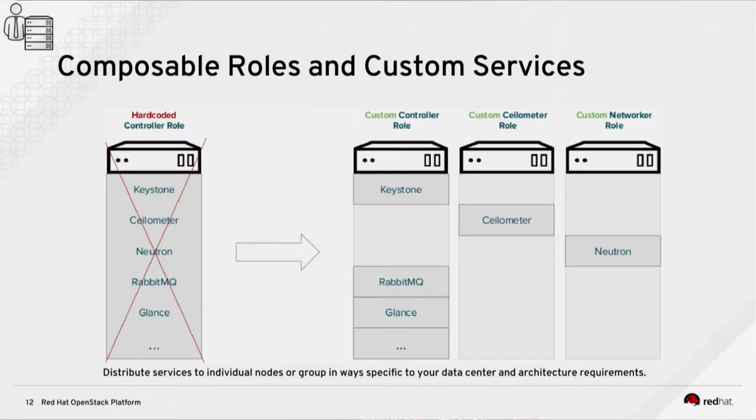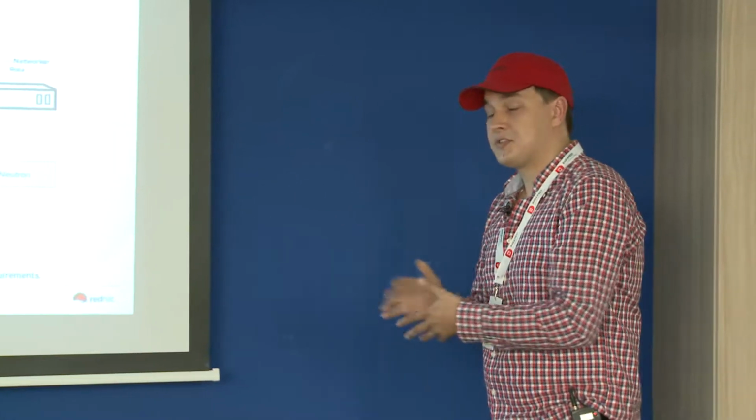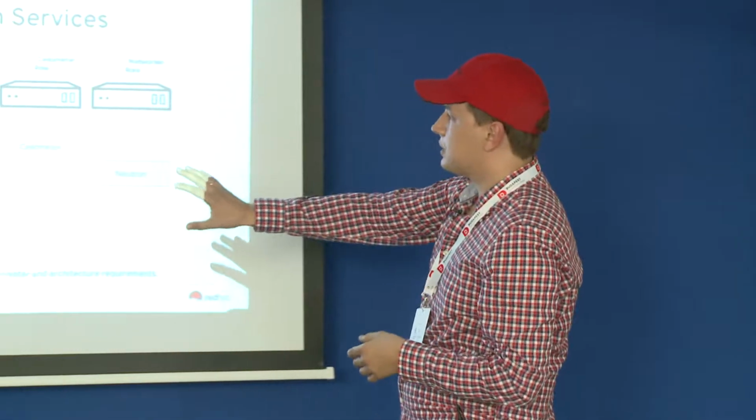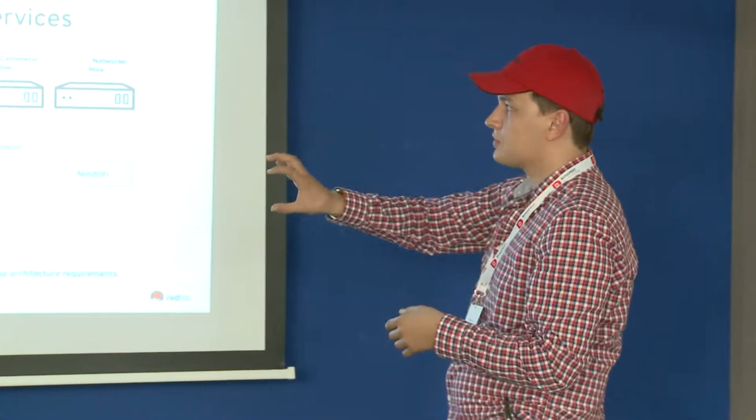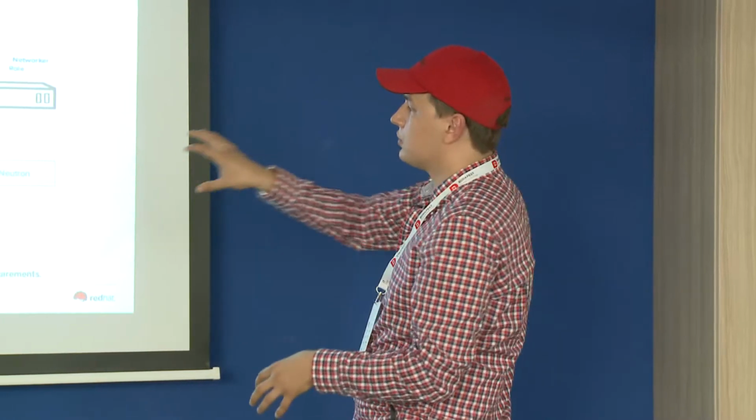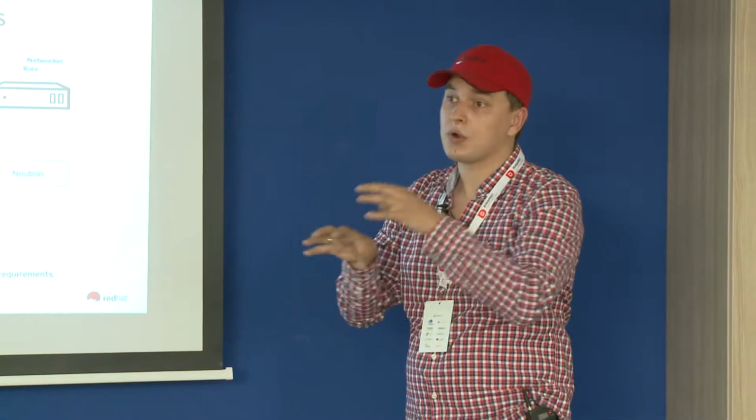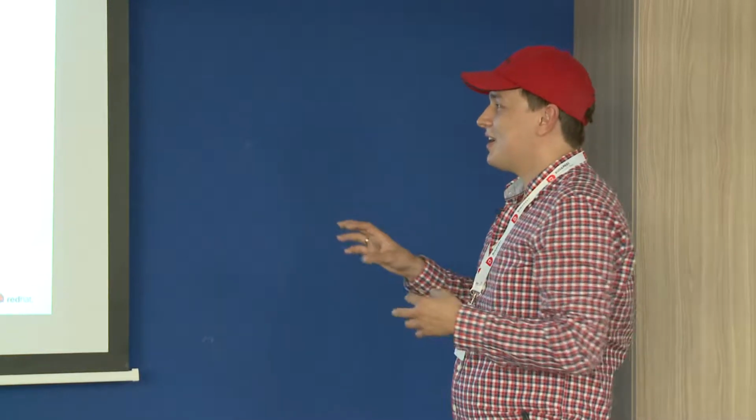This example shows a controller node where I have all the stack of my necessary IaaS Plus things, and then I can decide to take those bits, those roles or pieces of the role, and put them on different nodes, or even in different data centers. Due to the fact that I've mentioned that we have a pacemaker on board, which is a high availability load balancer, you can stretch this even across a data center link.